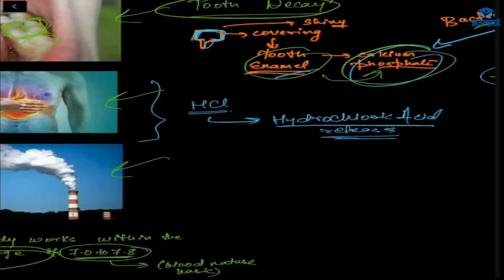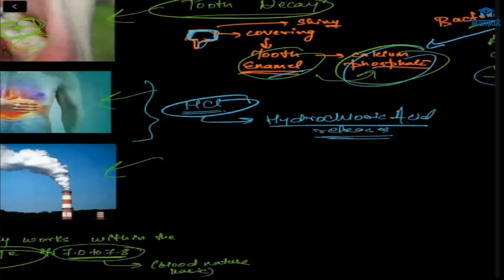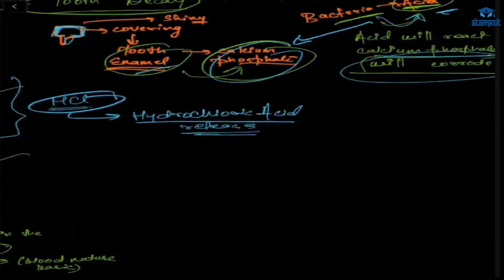The acidity will form, right? So to remove the acidity we use a base, because a base is the only way which can remove the acid. The acidity increases because we eat lots of food, so to remove it we use a mild base.